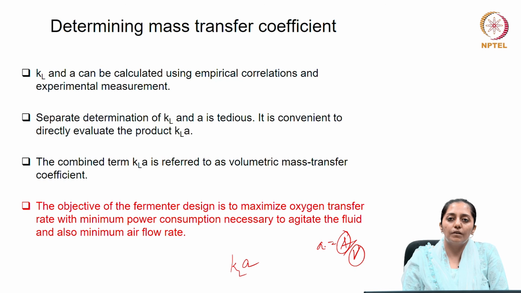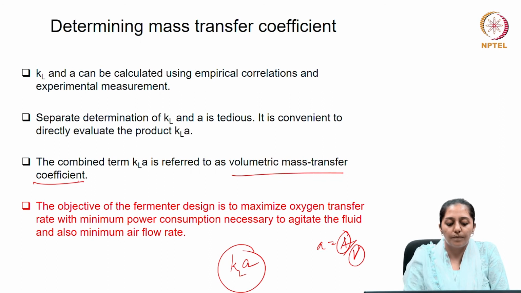Separate determination of the mass transfer coefficient and the small a value might be very challenging and tedious. So, it is convenient to directly evaluate the entire volumetric mass transfer coefficient, which combines both KL and a. So, the combined term KLa is referred to as volumetric mass transfer coefficient.